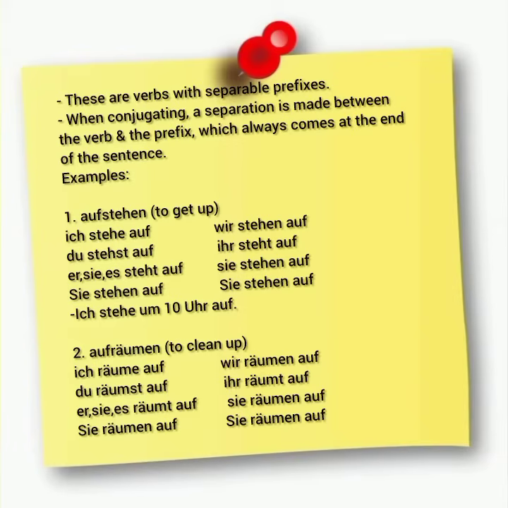And then sie stehen auf. They're getting up. So you're seeing throughout, auf is coming at the end, but the conjugation is still maintained as usual. Ich stehe auf. Du stehst auf. Es steht auf. Etc. For these verbs, they have the same pattern of conjugation. The only difference is that the prefix is the one that is now placed at the end of the sentence.